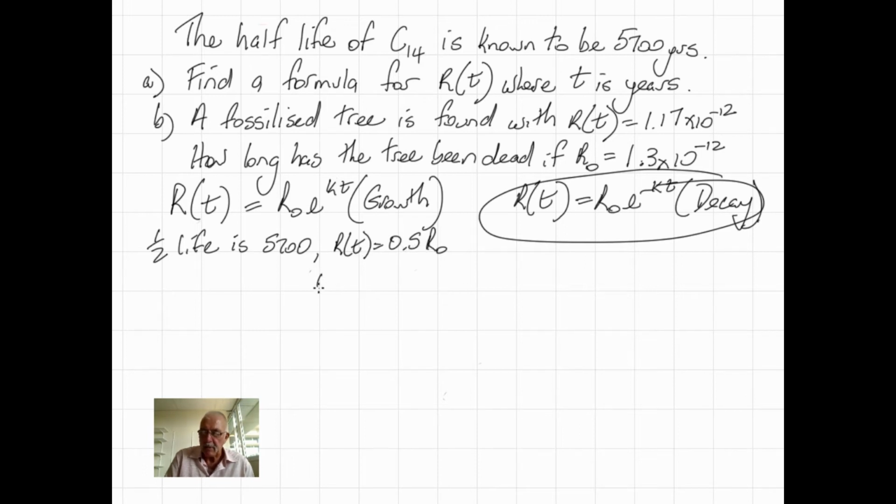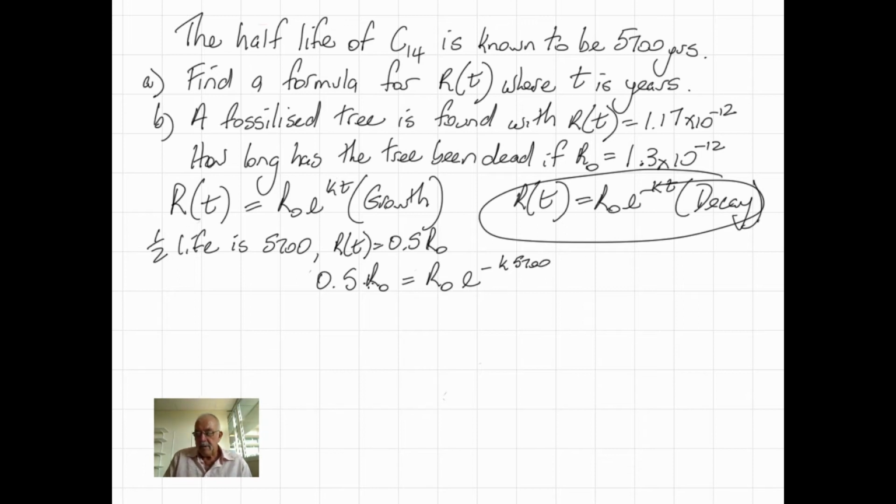So we've got 0.5 R0 equals R0 e to the minus k, where the t value is time in years, so 5,700 years.